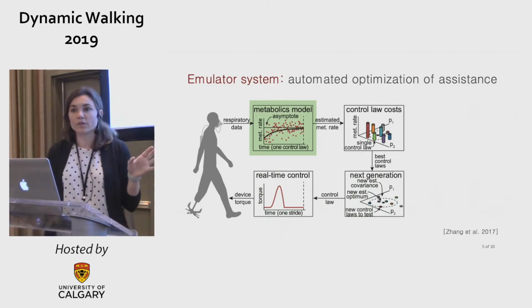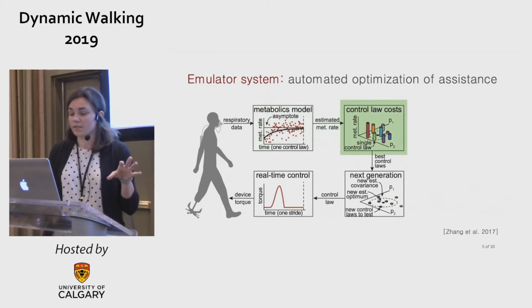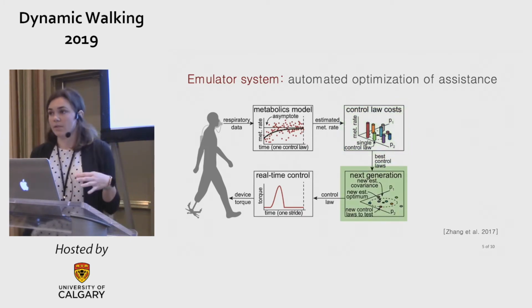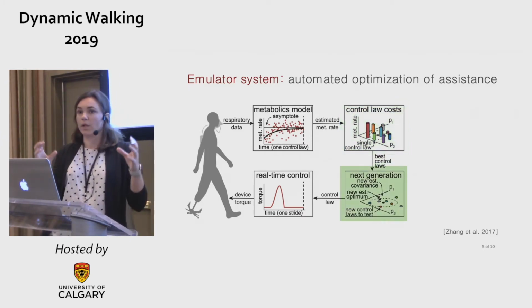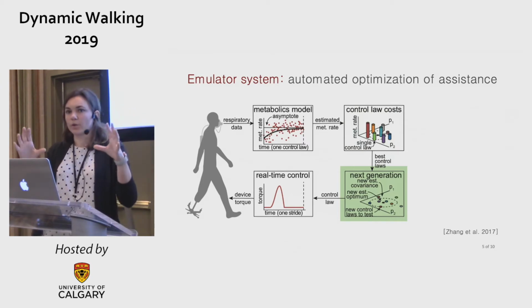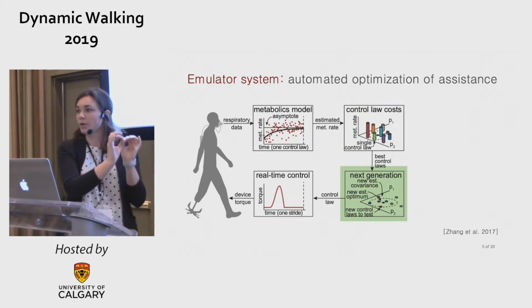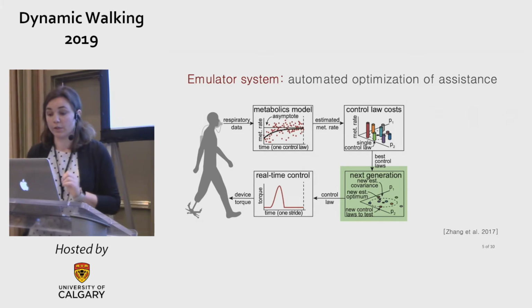After all of the control laws are evaluated like this, a covariance matrix determines the next generation, the next set of control laws, and the cycle repeats, with the idea that eventually the parameters of the controller will come to the ideal for that particular user.